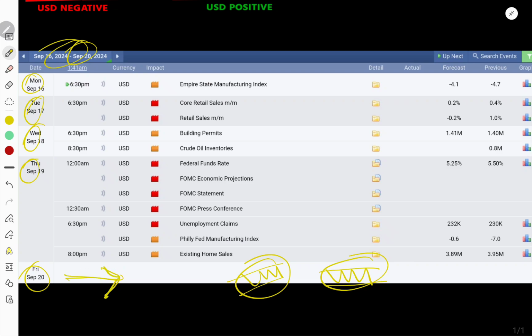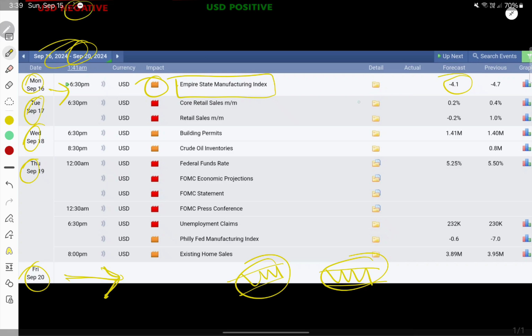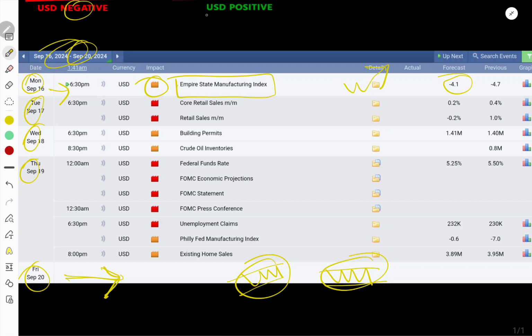As you can see, we have on Monday one USD semi major news, Empire State Manufacturing Index, and we have the previous and forecast. If news data comes with a negative value, that means a red sign, we will buy gold. If with a positive value, we will sell gold as per previous instruction. On Tuesday we have two USD red news, core retail sales, the same concern.